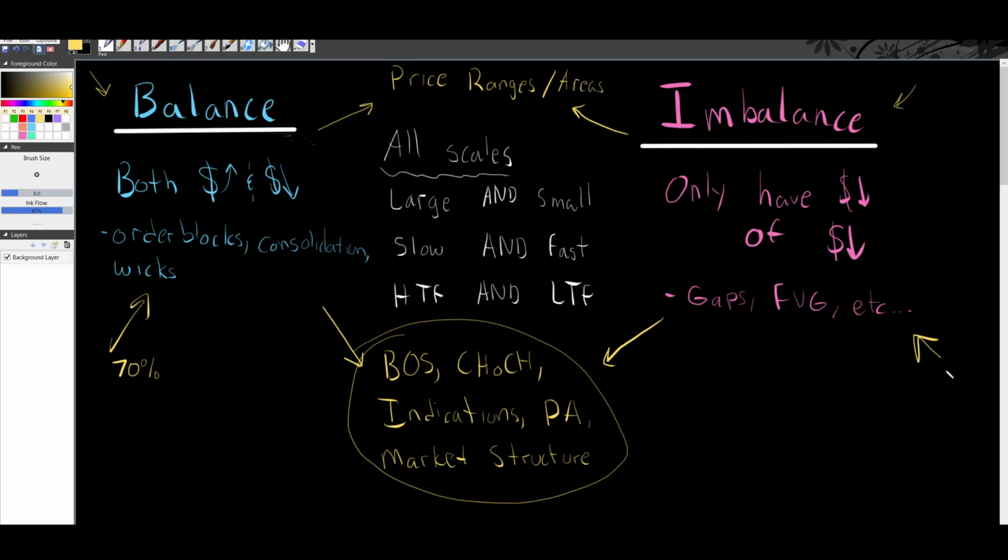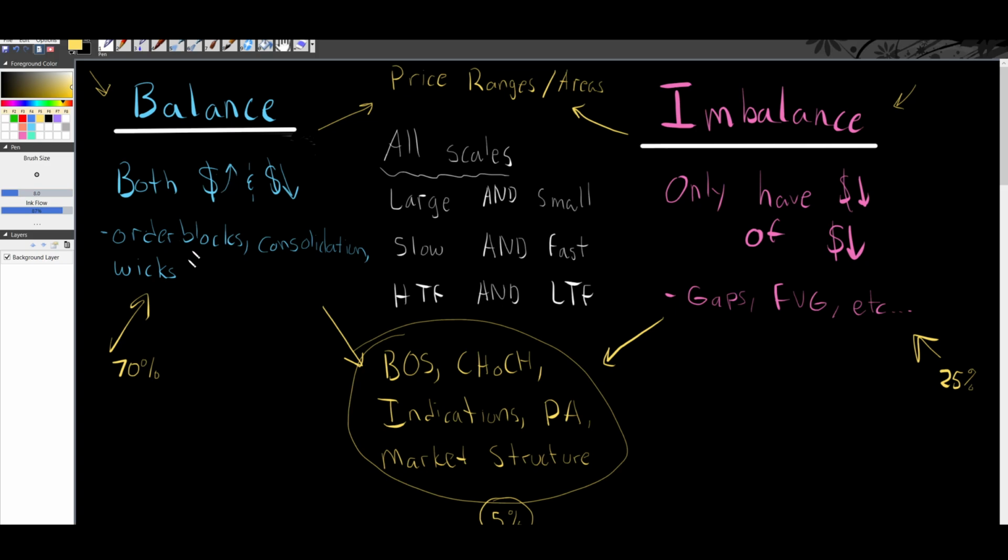This is going to account for about 25% of what you see on the chart. And this right here is just about 5%, from my perspective. So all of the analysis that you've been doing has only been scratching the surface. Sometimes this ratio might switch, but it's going to be something like this. I made it extreme on purpose. This might be like 60%, this might be 30%, this might be 10%.